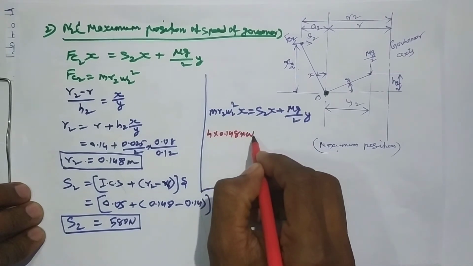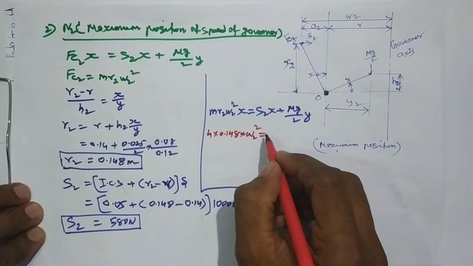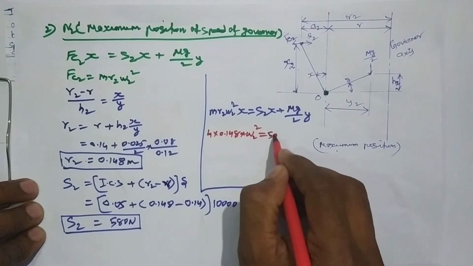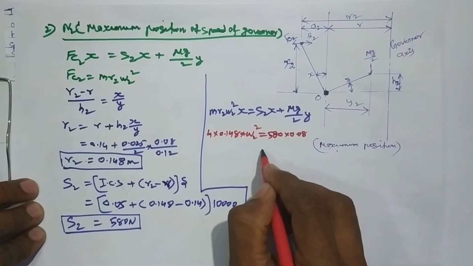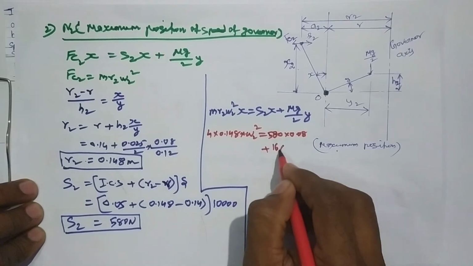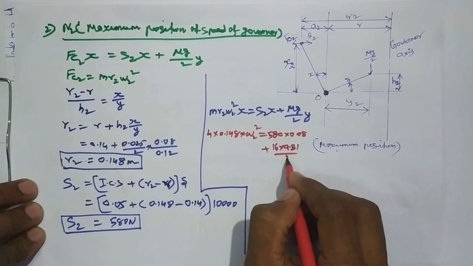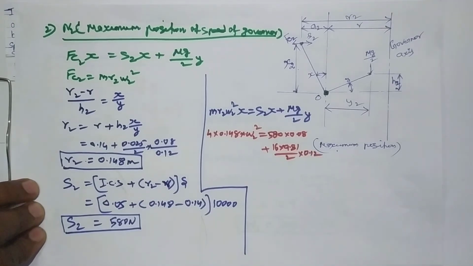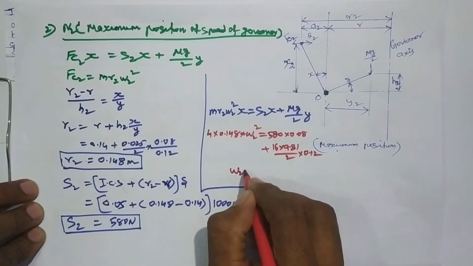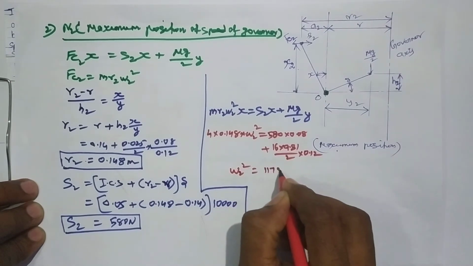Then omega 2 square equal to, what is the s2 value? 580 into x 0.08 plus 16 into 9.81 divided by 2 into y value 0.12, right? So from this you can find out omega 2 square equal to 1178.